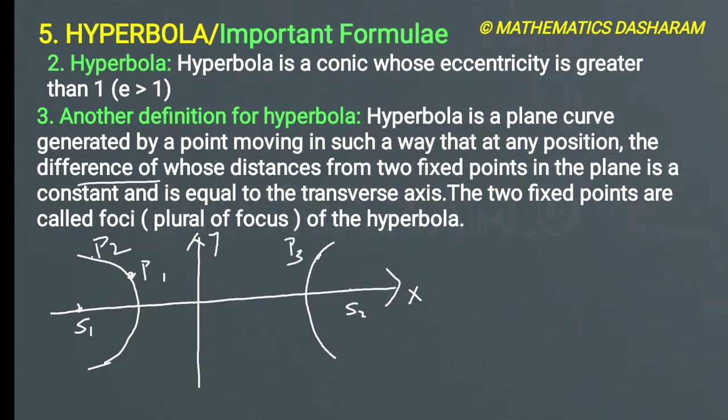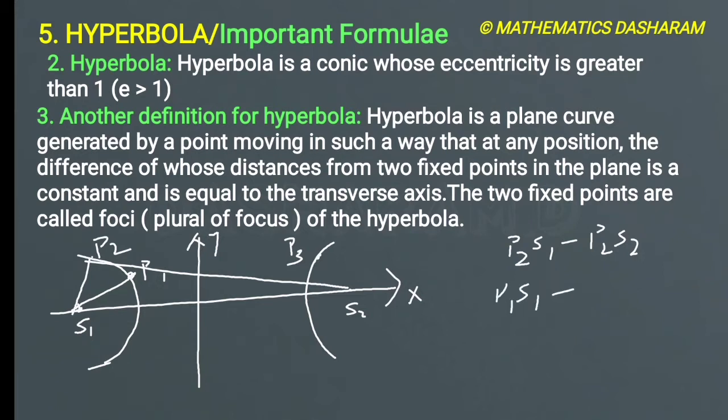So the differences of its distances from two fixed points: that means P2S1 minus P2S2. Next, the second difference, P1S1 minus P1S2.